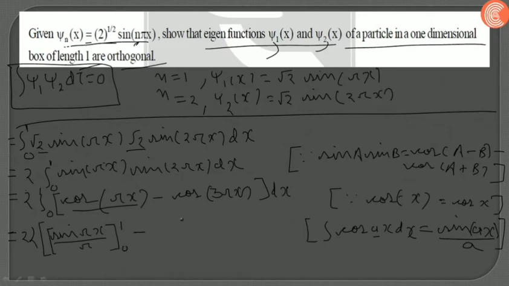Another term we have to integrate is cos 3 pi x, which becomes sine 3 pi x over 3 pi, also with the limits 0 to 1.